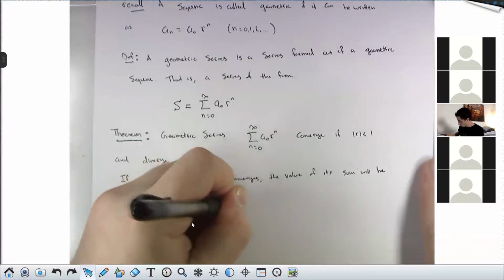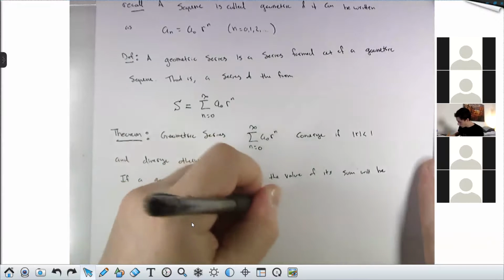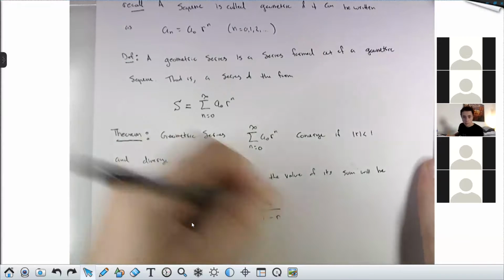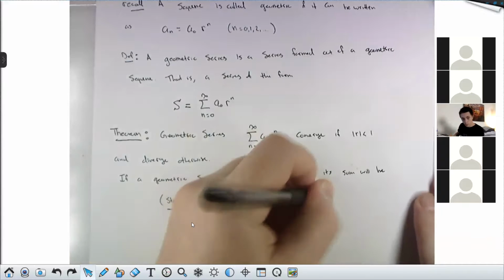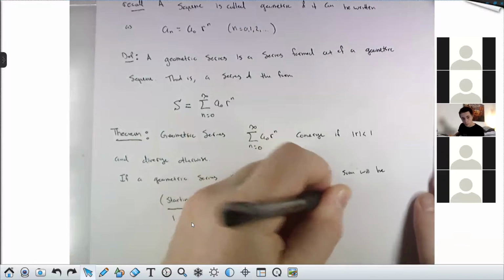Sometimes, like in the example above, that will be a naught over 1 minus r. This is if a naught is the starting term.